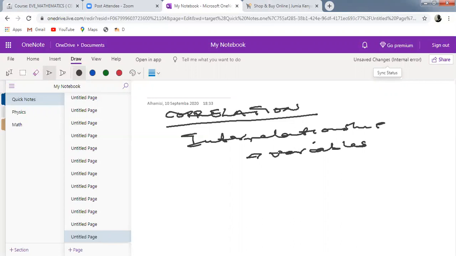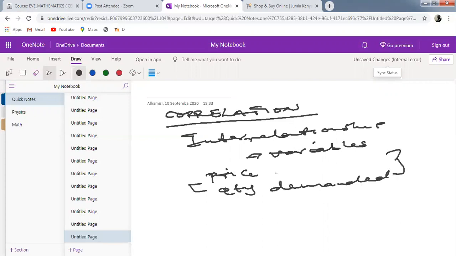If, for example, I want to measure the relationship between something like price and quantity demanded, these two are my variables, whereby the price change is used to determine the change in quantity.